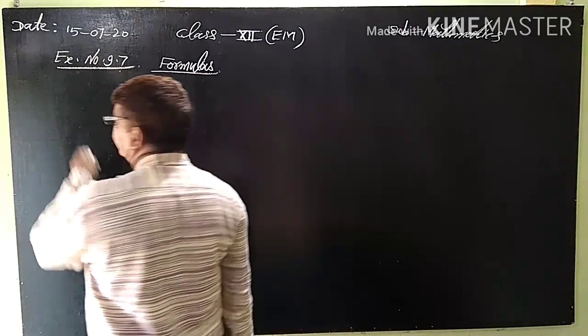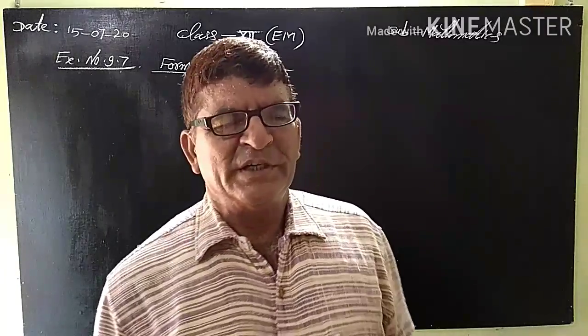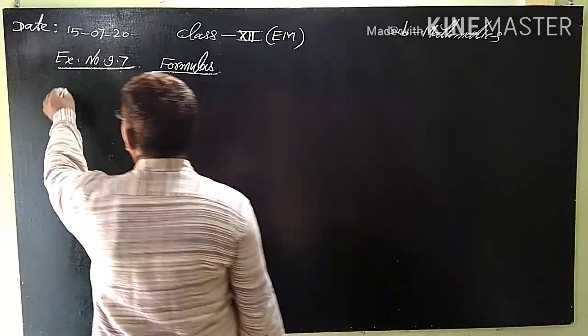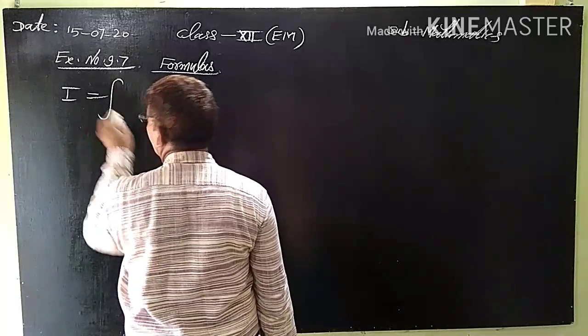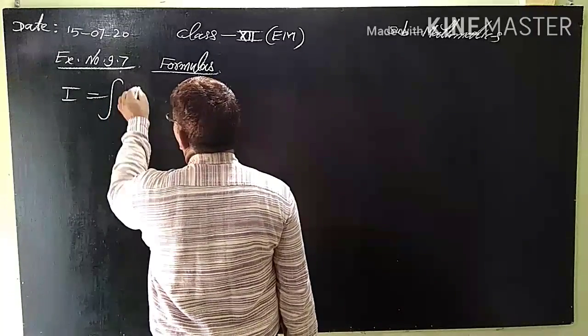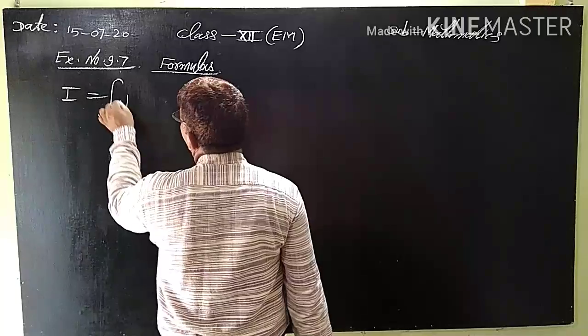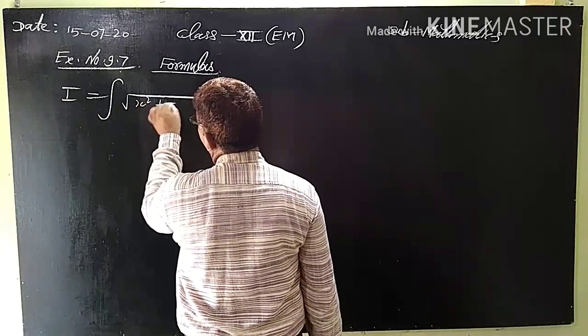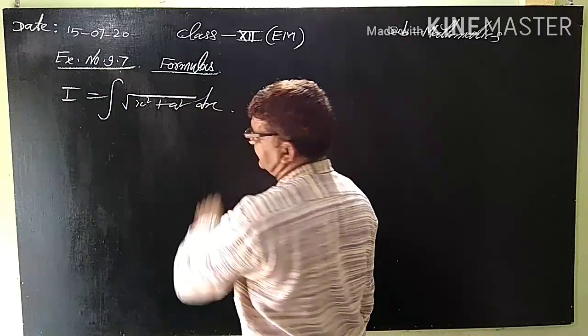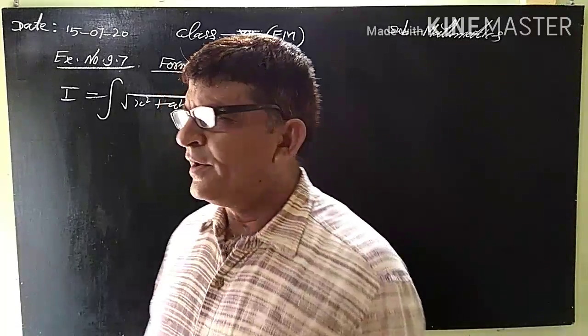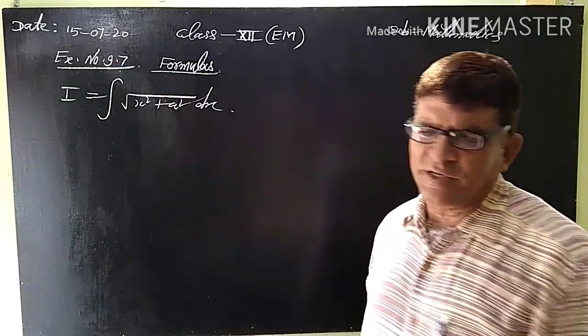This formula is I equal to integration of under root x square plus a square dx. Now we have to integrate it.